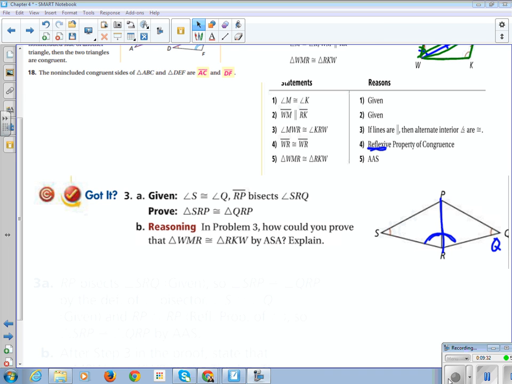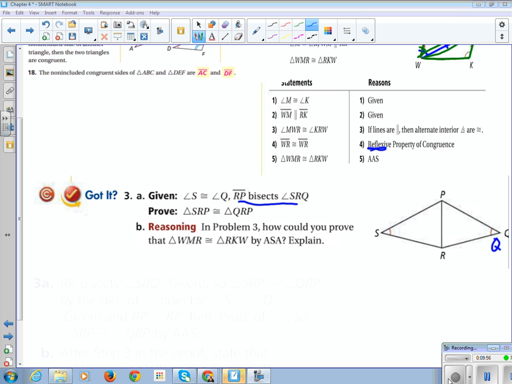So we look at the information we have. Right now, we only have that two angles are congruent. How are we going to get another angle being congruent? How are we going to use this information to show that I got two more angles that are congruent to each other? What do you think, Thomas?